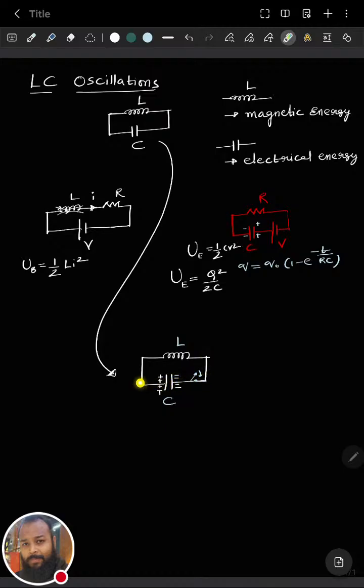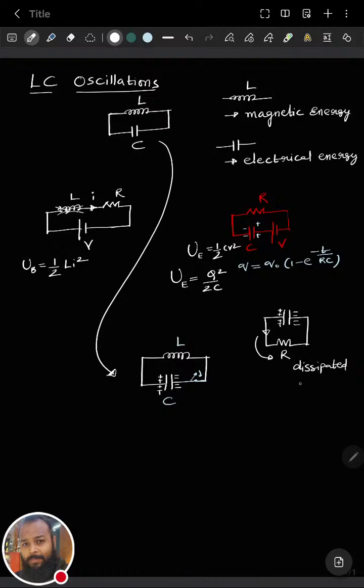But when it discharges, no energy is lost, because there is no resistor. We have studied that if I take a fully charged capacitor and connect it to a resistor, then when I close the switch, the entire energy is lost as heat, dissipated as heat, right?